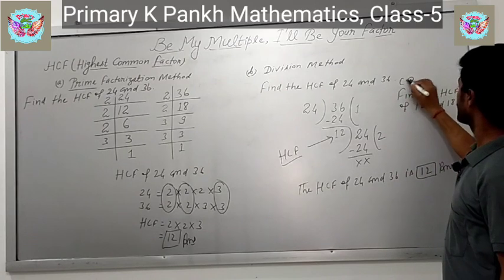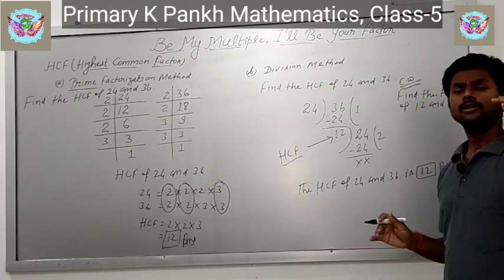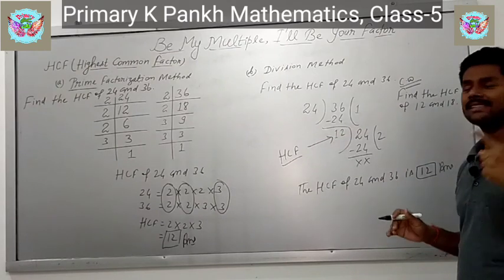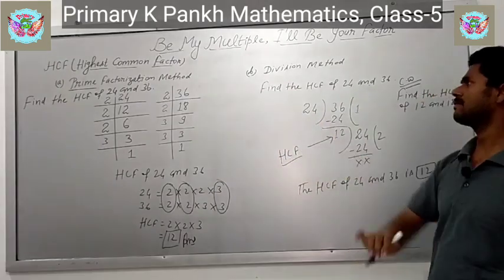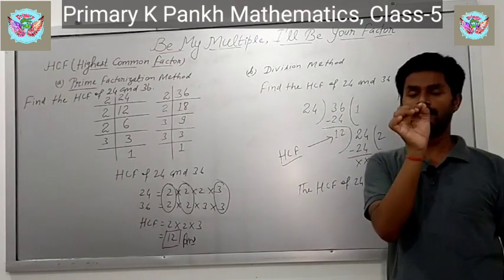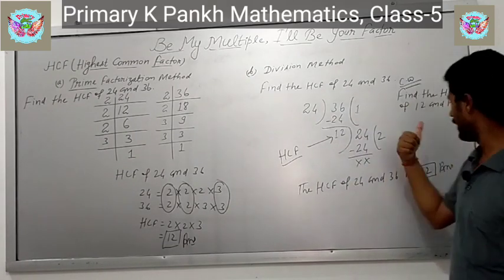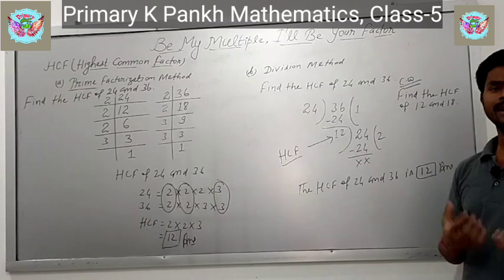You have 1 minute for finding the HCF of 12 and 18. You can use either the prime factorization method or the division method. You can use any method for finding the HCF of 12 and 18. So be ready and find the HCF quickly.